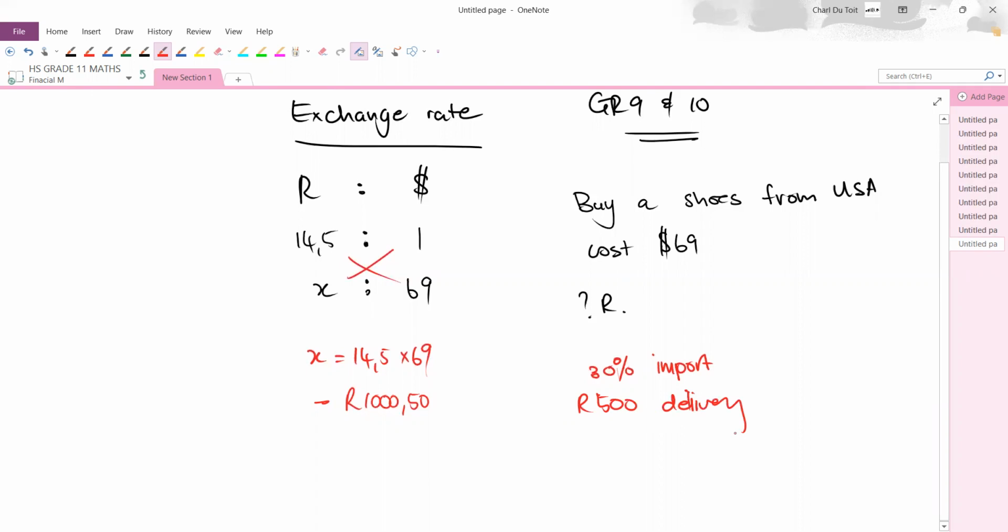So they're adding 30%, so now it's suddenly 1,300 rand, and they're adding another 500 rand. So at the end of the day, you're paying 1,800 rand for the shoes. Importing clothes into South Africa has a 30% fee, which is ridiculous, actually.